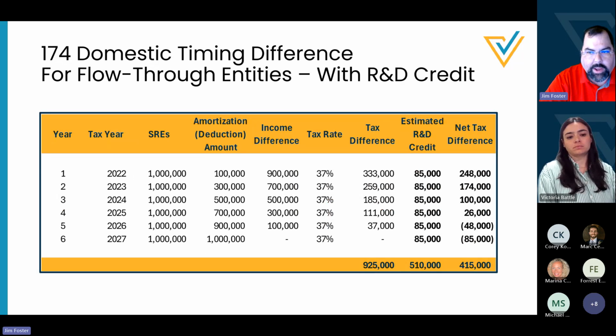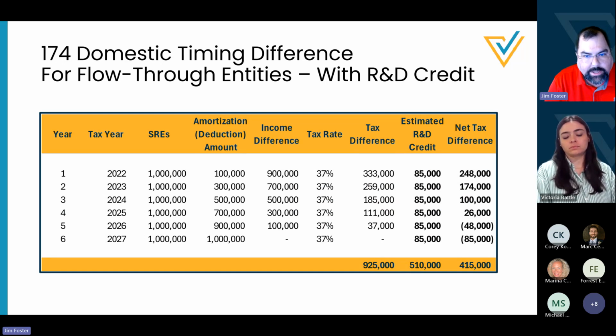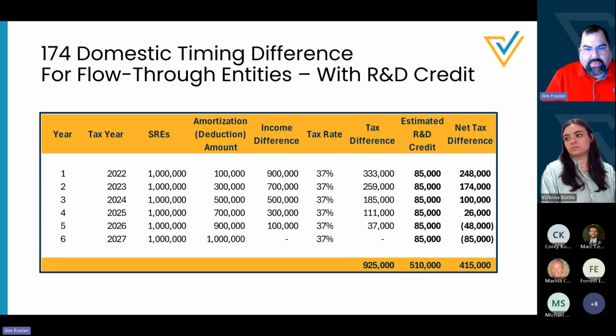Now, one thing I want to point out before we move on to what an SRE is: here's that same chart with the flow-through entities, but I've included an estimated R&D credit based upon the numbers, and you're going to see that credit each year is knocking 85,000 off your tax liability. So that first year with that front load of 333,000 becomes 248.